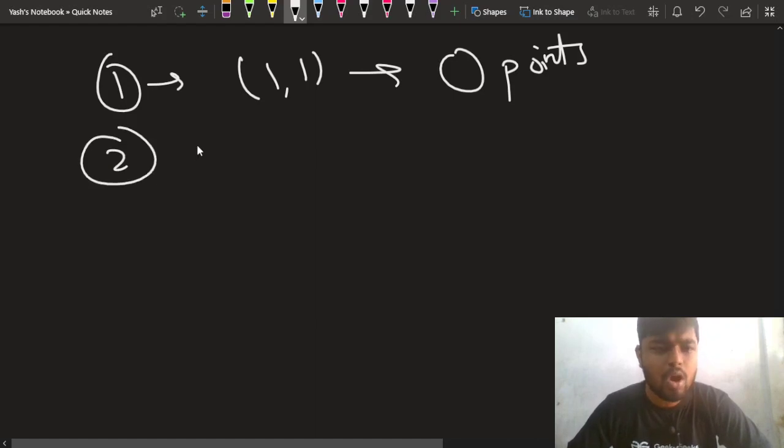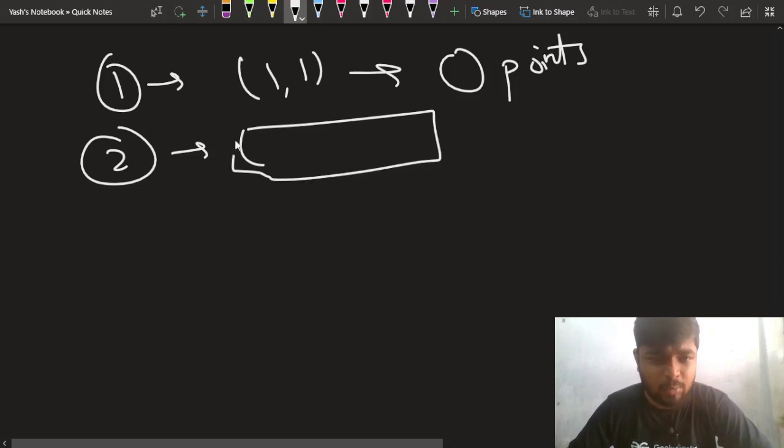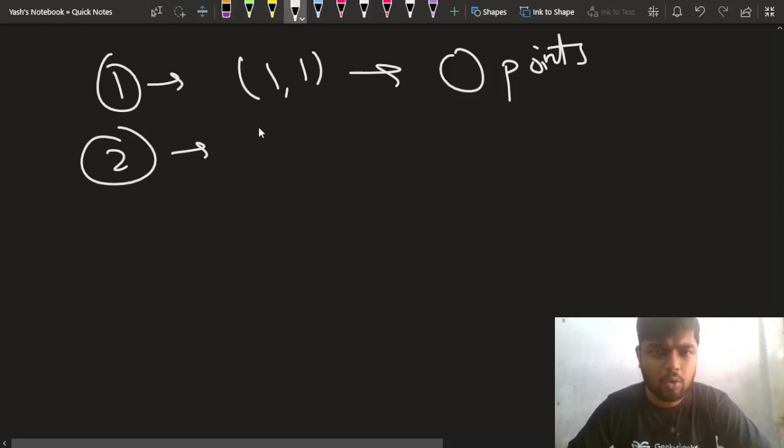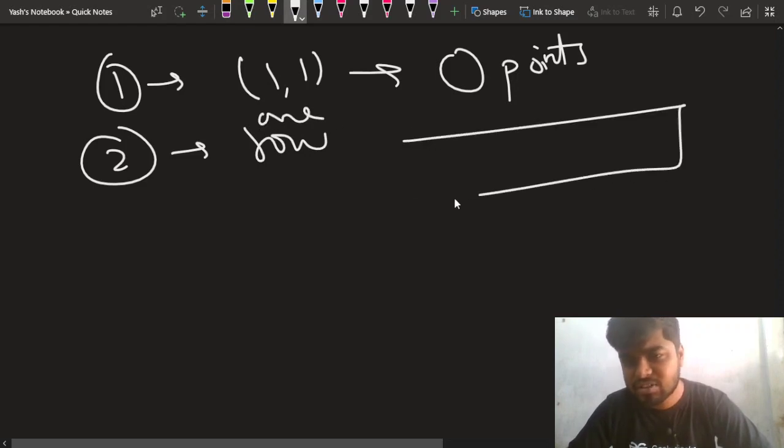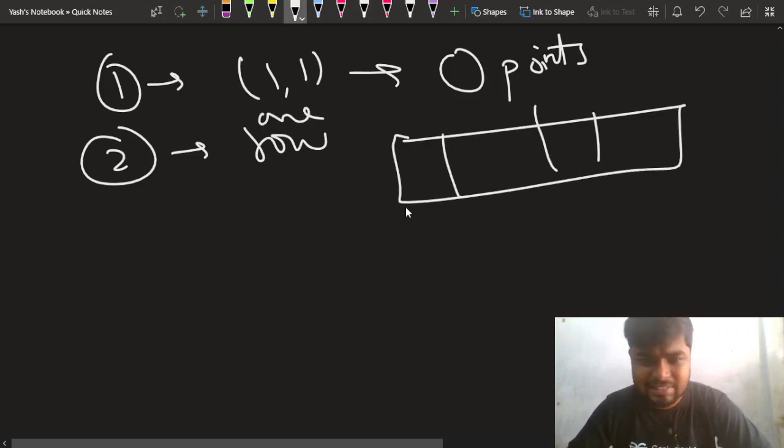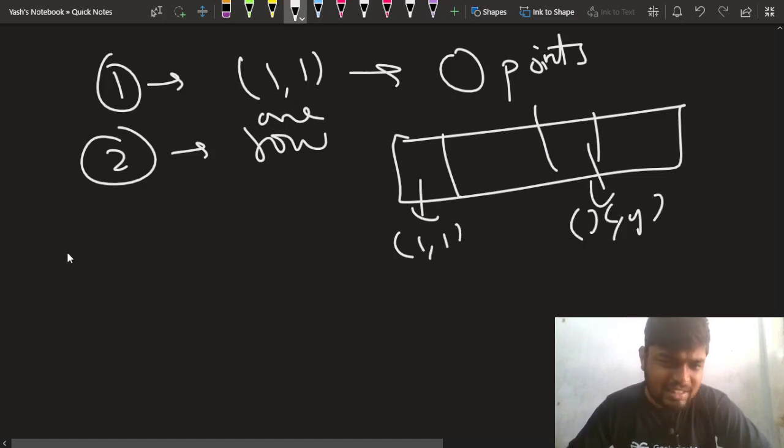The second case is if it is having only one row. Let's say this is the row, and you take the point 1 comma 1, and the hidden point is x comma y. You'll be getting this distance p.